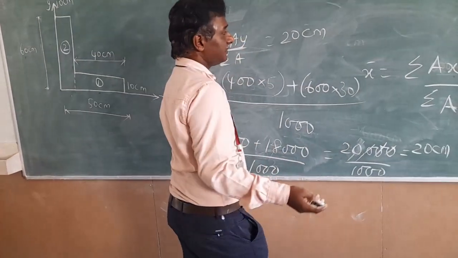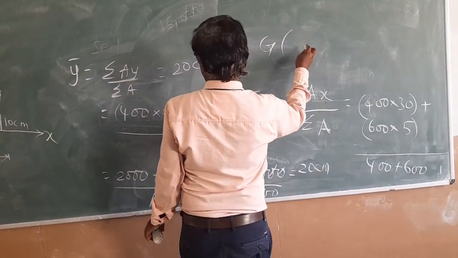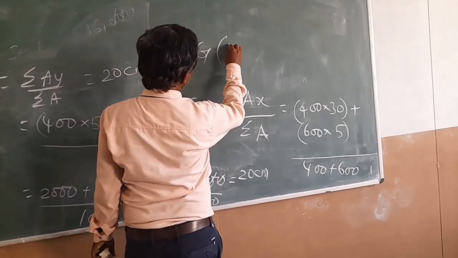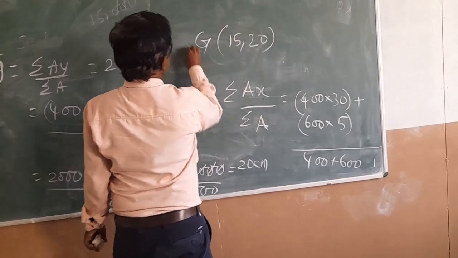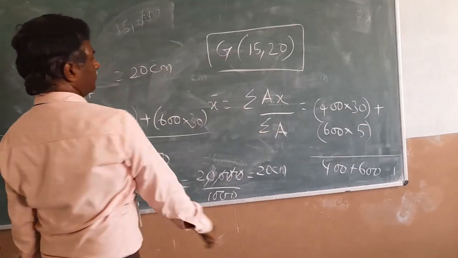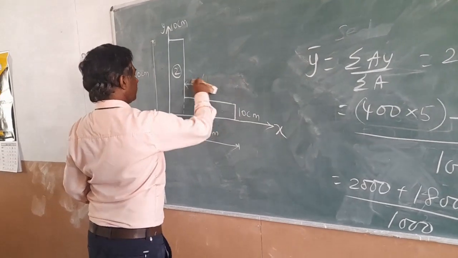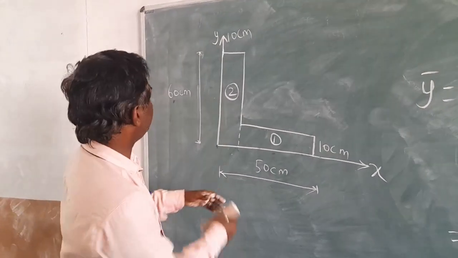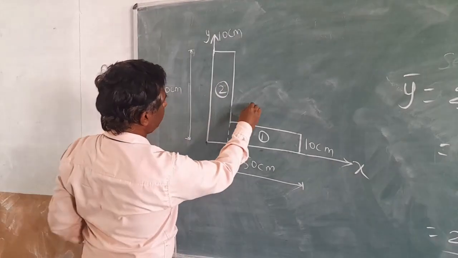The answer for this question: the centroid is x bar, y bar. X bar equals 15 centimeter, y bar equals 20 centimeter. This is the answer. Here you can measure like this. X bar equals 15: this is 10 plus 5.